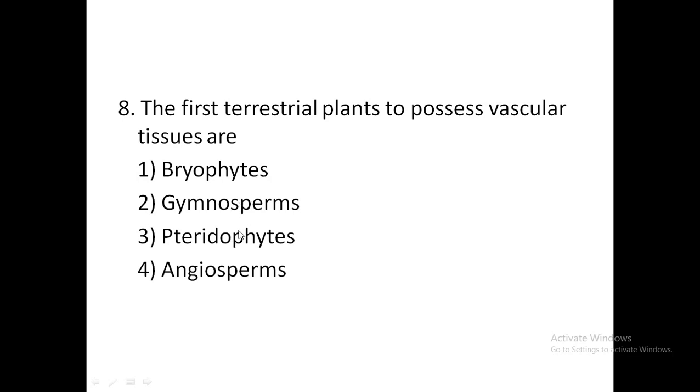Pteridophytes, gymnosperms, and angiosperms all possess vascular tissues, but pteridophytes evolved first. Later, gymnosperms and angiosperms evolved. So if the question is first terrestrial plants to possess vascular tissues, the answer should be pteridophytes, because they came before gymnosperms and angiosperms.